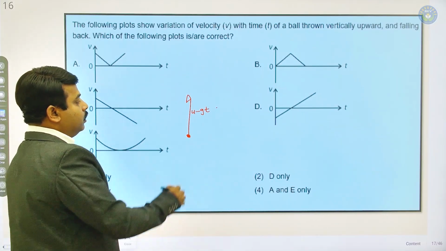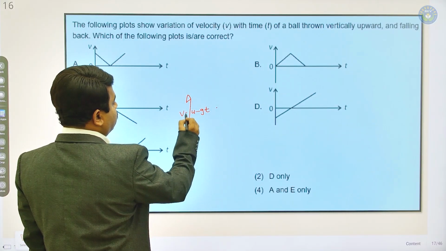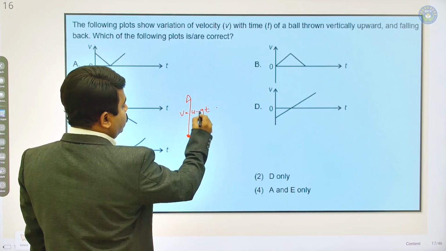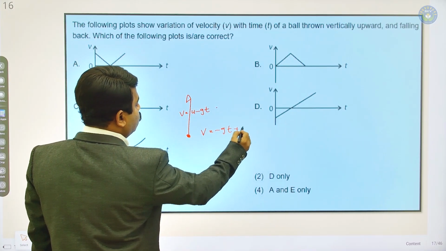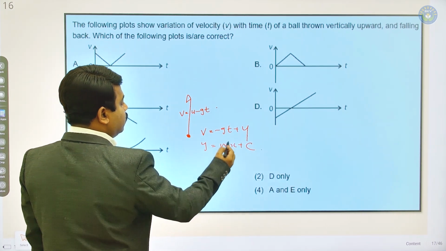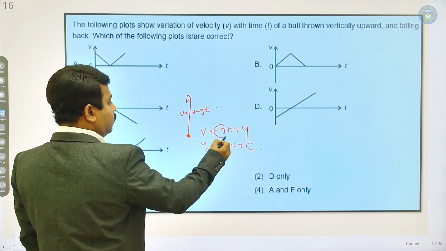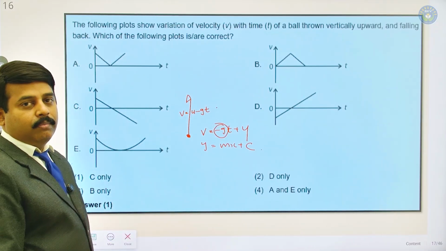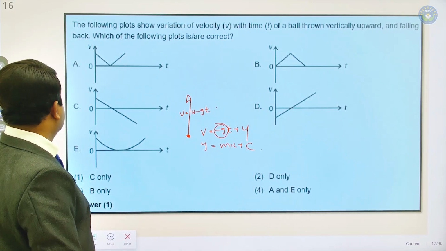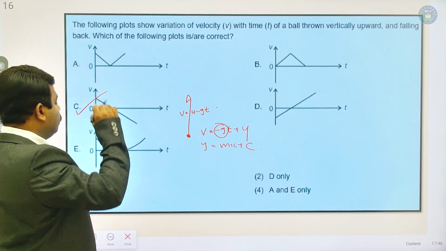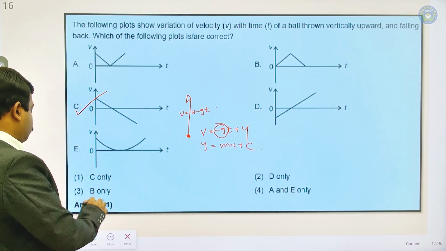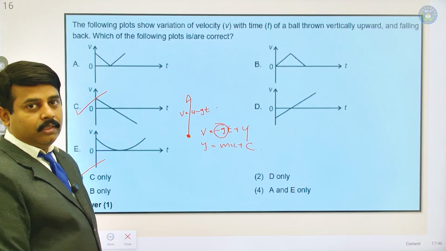Right, so this is the velocity. Now how is the velocity varying? y is equal to c minus gt plus u, that is y is equal to mx plus c format with the slope minus g. That means it is a straight line, but the slope is negative. So this is the only possible graph representing this, right? So which is possible is C only, right? All right.